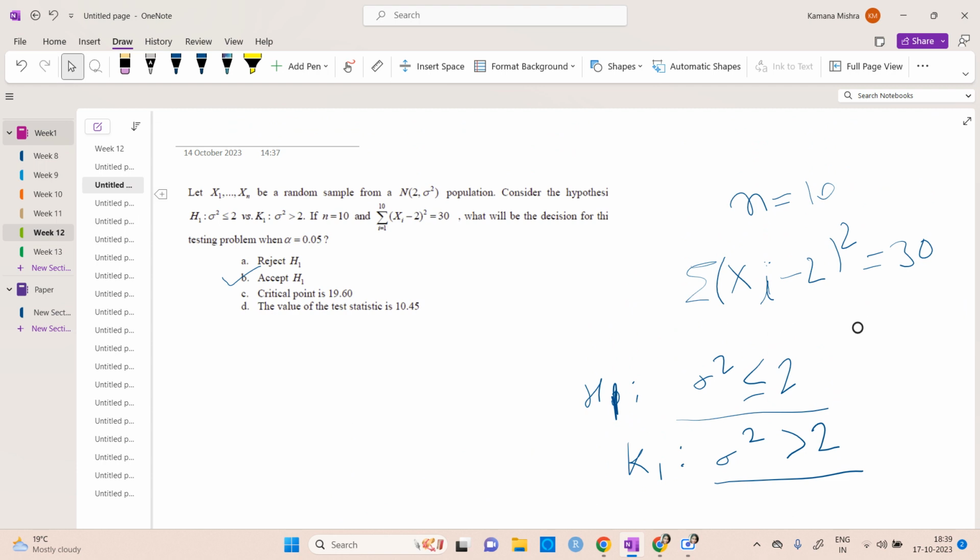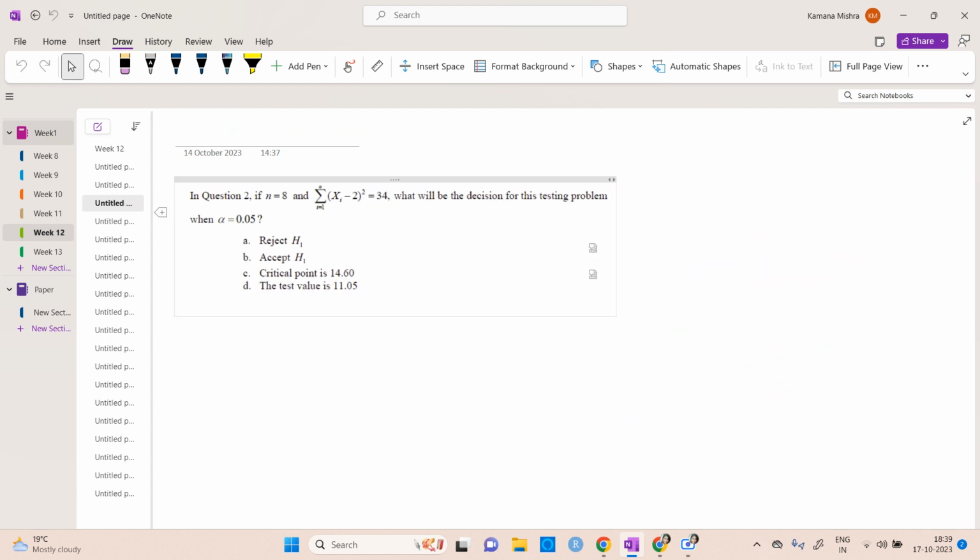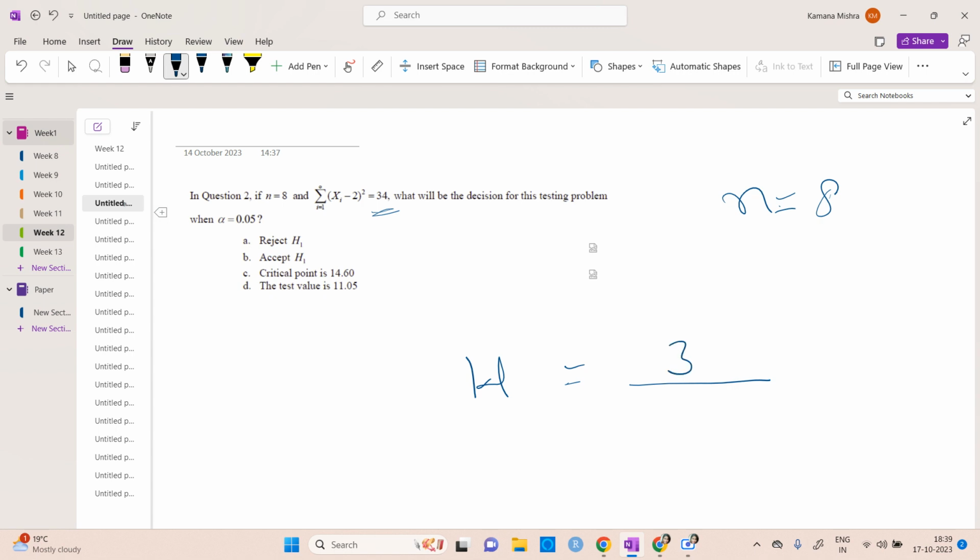Now, in question 2 itself, like in the last question, we are just taking n equal to 8 and we are considering this value as 34, right? So W is this summation divided by sigma square, which is 70.